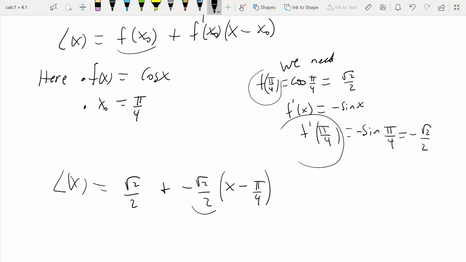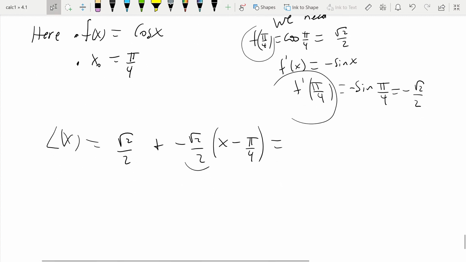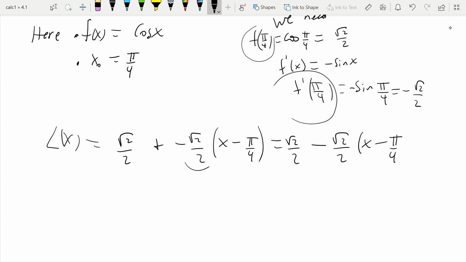Minus square root 2 over 2 is just f prime at x naught for this particular example. So you get in the end square root 2 over 2 minus square root 2 over 2 times x minus pi over 4. And this is our approximation. So this is all our linear approximation.